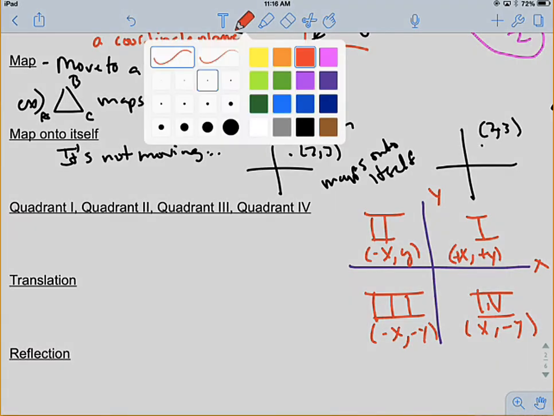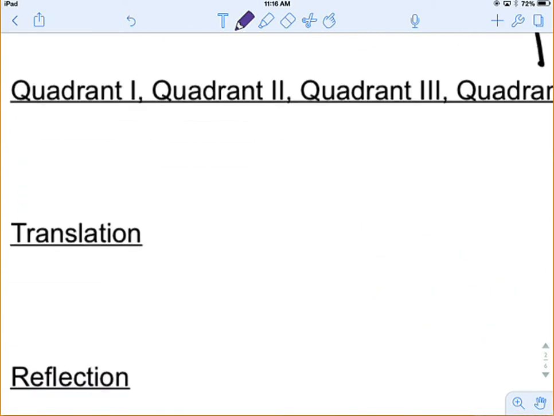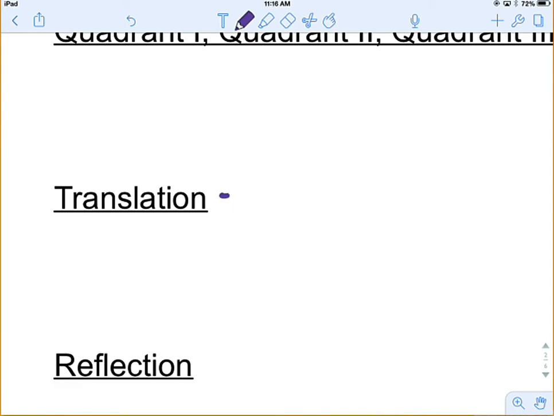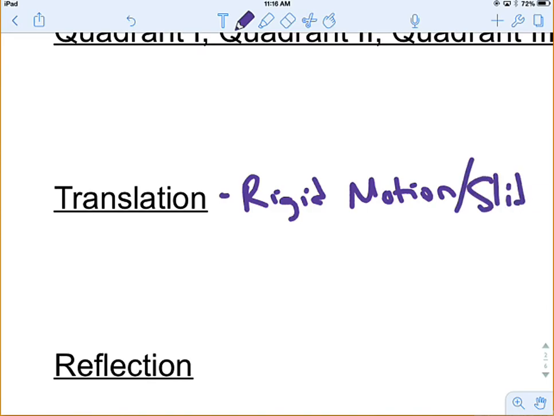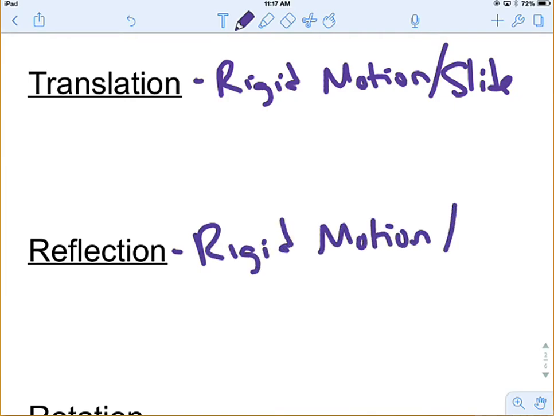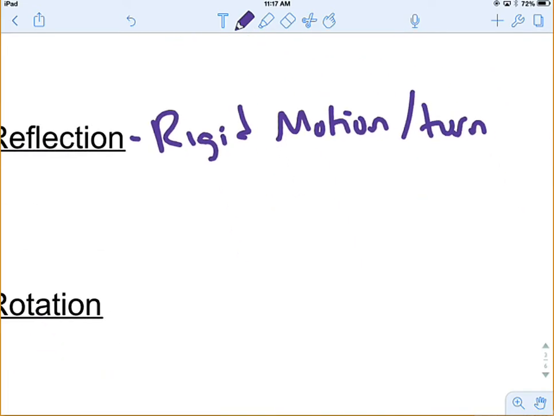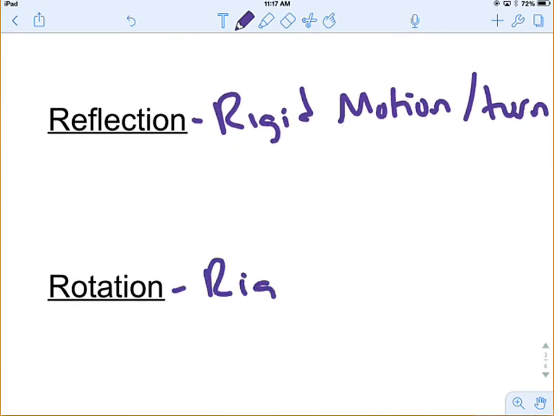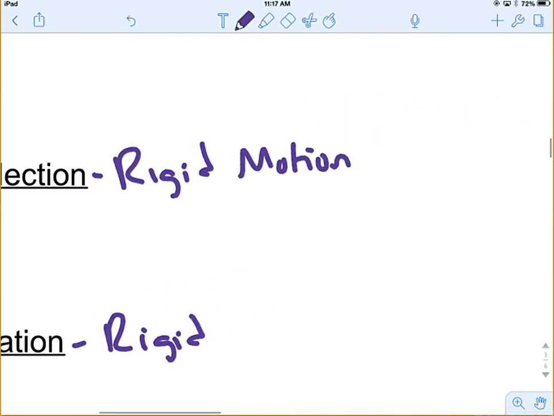Let's keep going. So we have translation. And so a translation is just a rigid motion, or like a slide is a good way to put that. Reflection is also a rigid motion, and it's a flip.